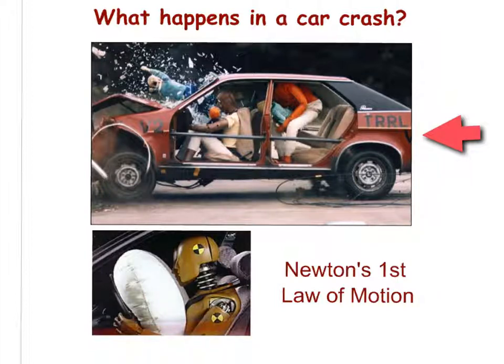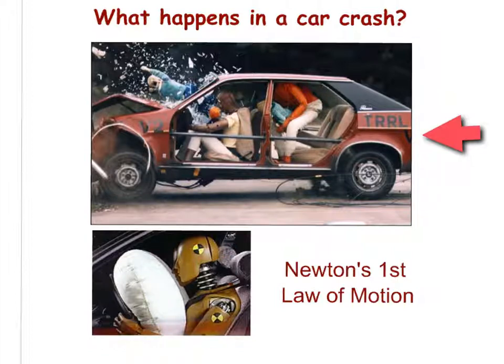And that object at rest is exerting a force in the opposite direction, which causes this car either to completely stop or very rapidly accelerate in a negative direction, one or the other. As this car is being forced to have a severe change in motion because of that force being exerted on it.